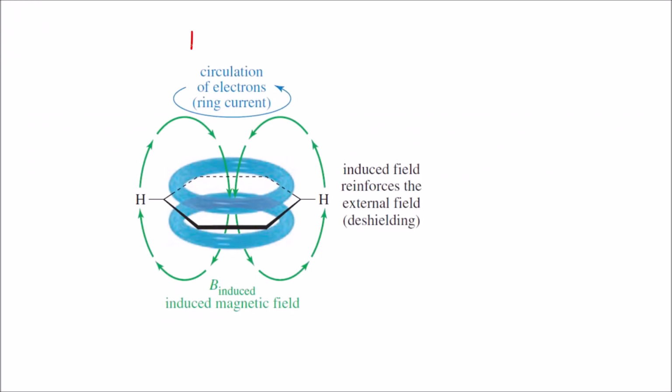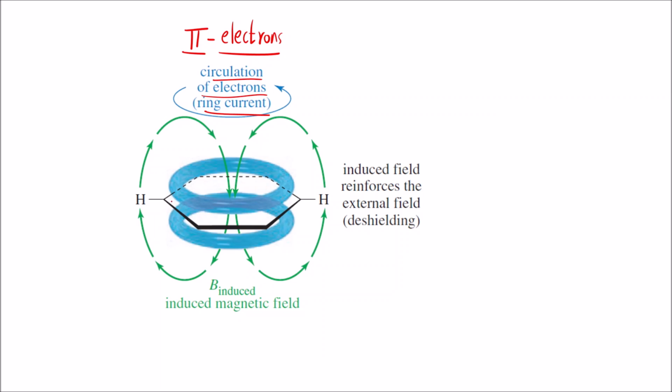Basically, in all the sp2 hybridized carbons there is the presence of pi electrons. This pi electron cloud is very loosely bound, and because of it there is a circulation of electrons that generates something called a ring current.